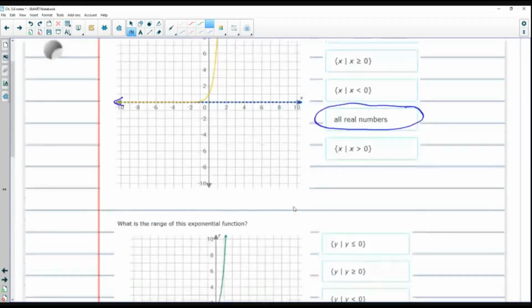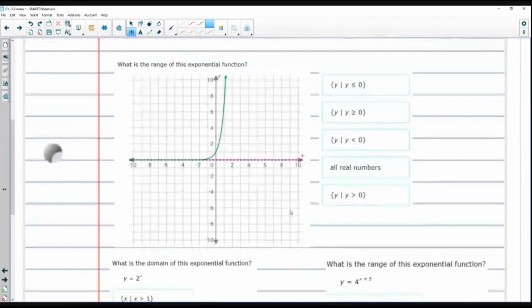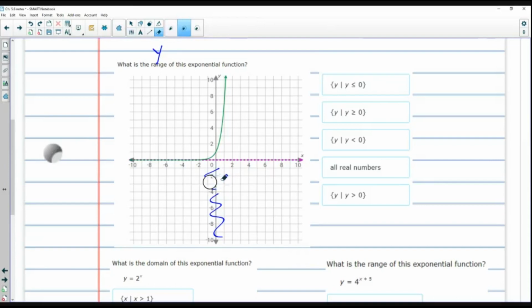All righty, look at the next one. What is the range of this exponential function? Okay, remember that range means y. So we're looking at the y values. Okay, you notice how this graph has nothing to do with the negative y values. So it's not less than. It can't be less than. It's got to be greater than.